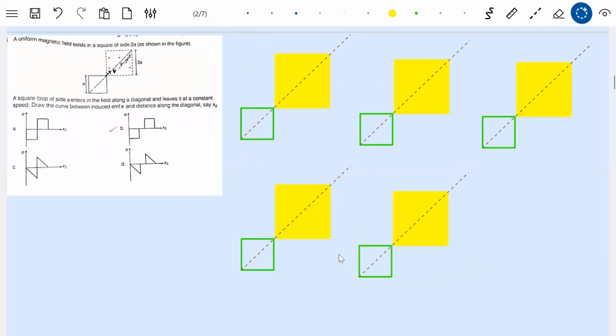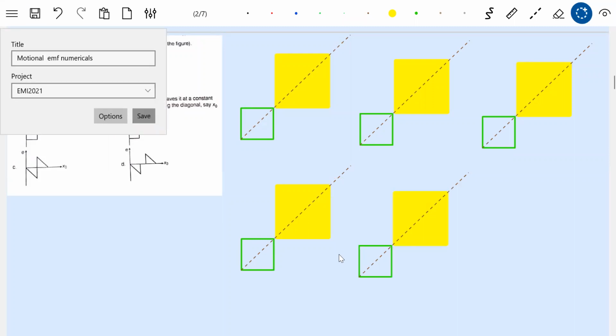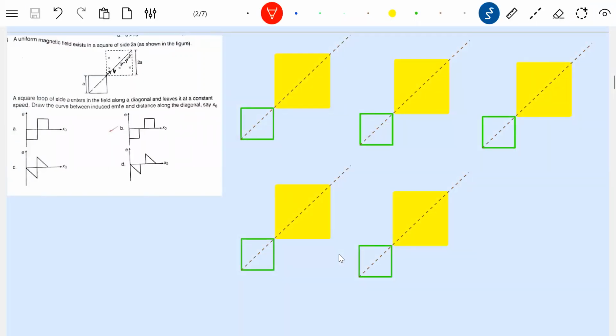Now with this, I'll come into the picture. First, you start thinking. It is moved with a constant speed v, velocity along the diagonal. Then it is asking what will be the EMF induced versus the distance measured along the diagonal. This much information is there.